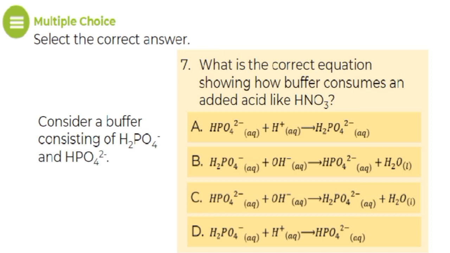Next is number 7. So, consider a buffer consisting of H2PO4 negative and HPO4 2 negative. So, the question is, what is the correct equation showing how the buffer consumes an added acid like HNO3? So, is it letter A, letter B, letter C, or letter D? Select the correct equation.